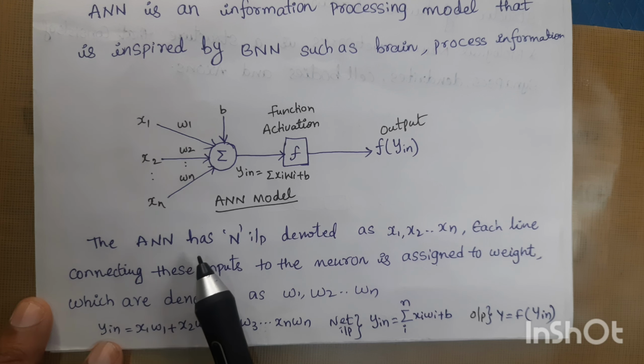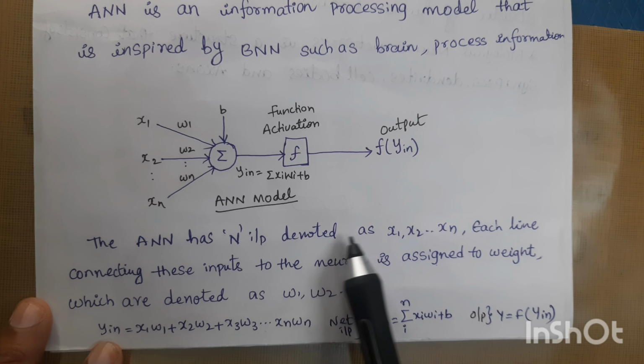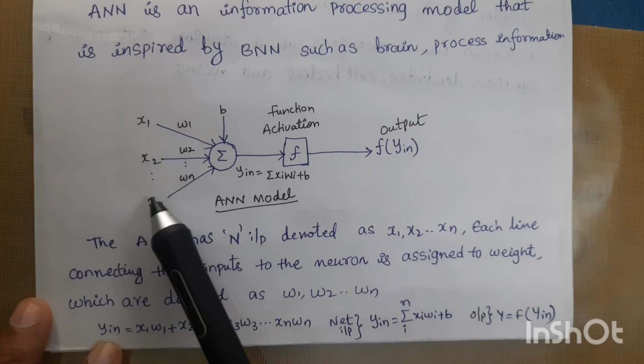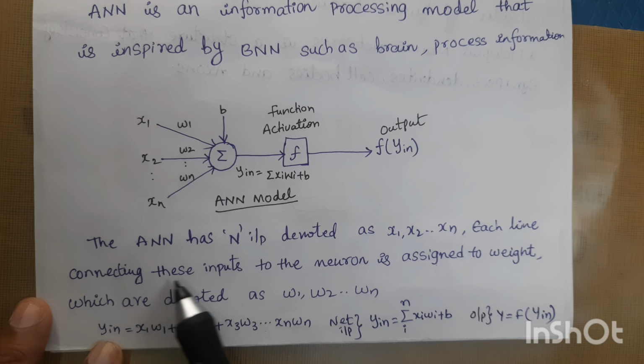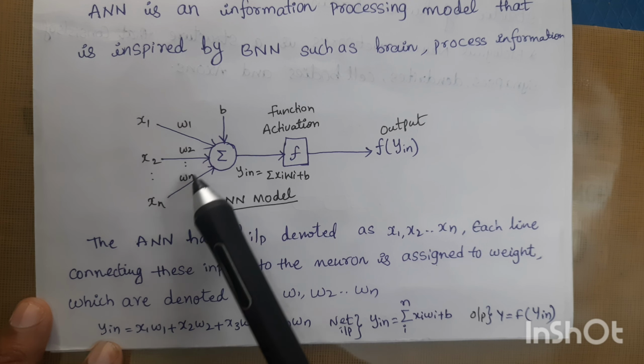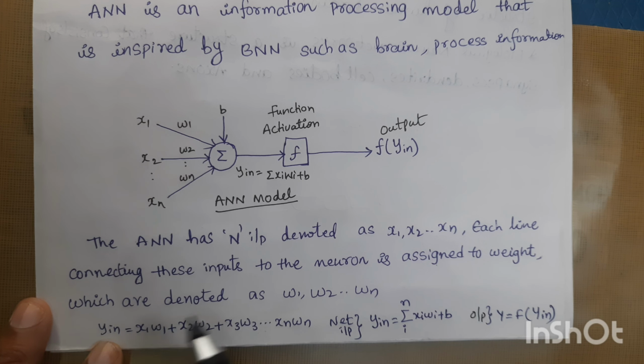The ANN has inputs denoted as x1, x2, so on up to xn. Each line connecting these inputs to the neuron is assigned a weight. So these are called weights, which are denoted as W1, W2, so on up to Wn.